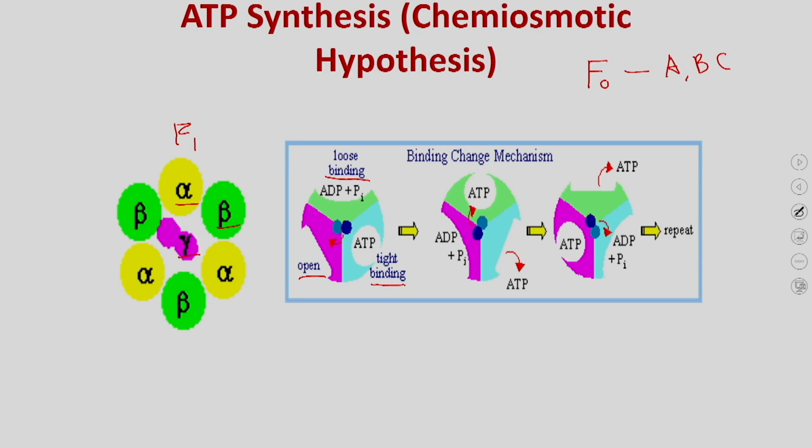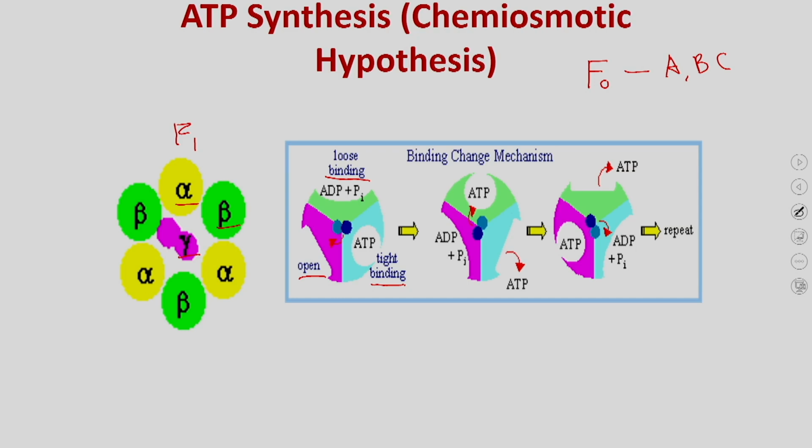So, let us see how this happens. If I show you the working structure of the ATP synthase, as I said, it has the alpha, beta and gamma subunits, and these are the subunits which are actively participating in the catalytic mechanism.